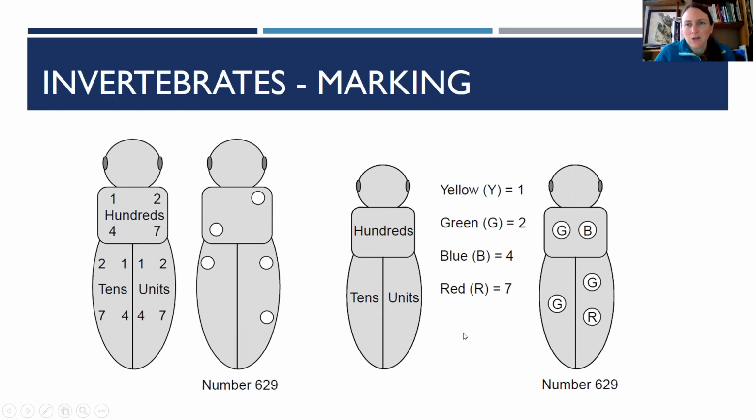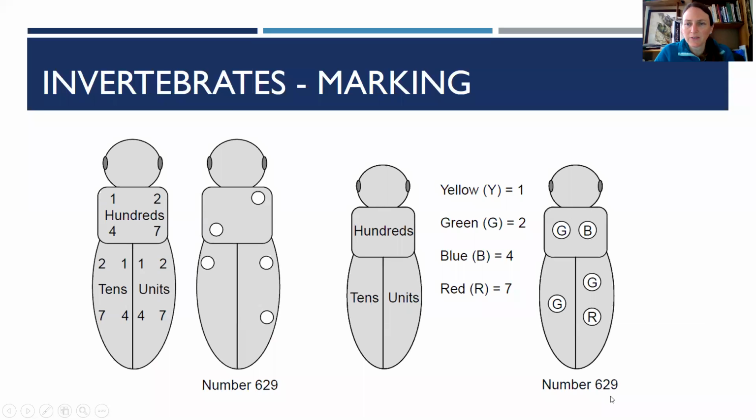Another way to do that would be to use different colors of paint. So if you have yellow equaling 1, green equaling 2, blue equaling 4, and red equaling 7, you can have hundreds, tens, and units the same way. We could put a green dot and a blue dot to give us 2 plus 4 equals 6.